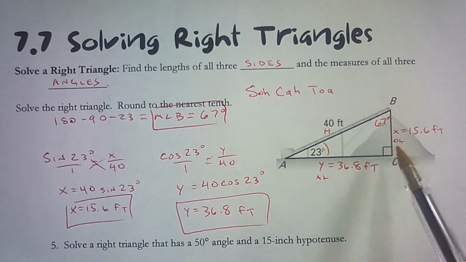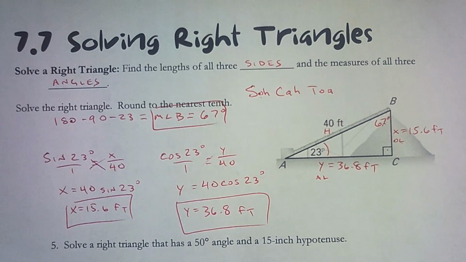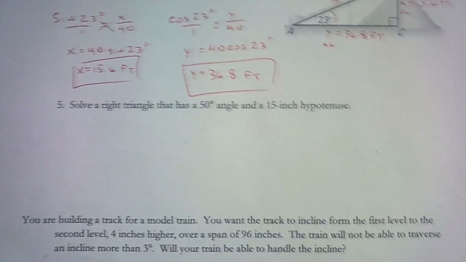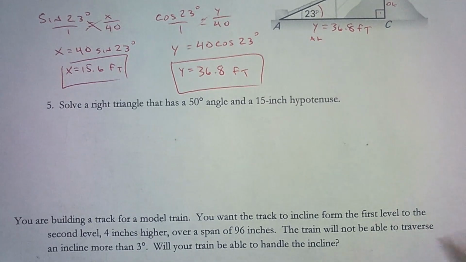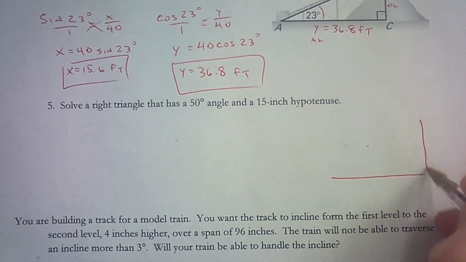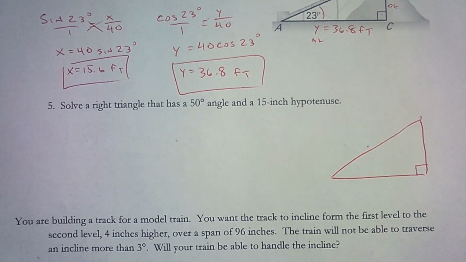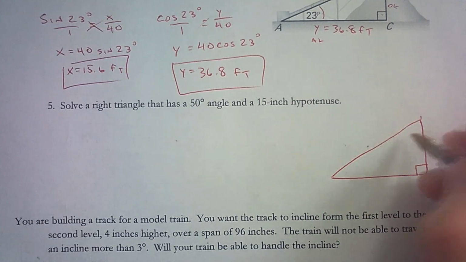So now if we look at this triangle, we see all three angle measures and we see all three side lengths. So we have finished solving the right triangle. So we'll solve another right triangle, one with a 50-degree angle. So there's my right angle. And between these two angles, I'd say this one looks more like 50 degrees.